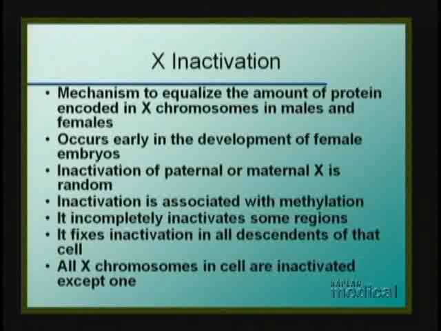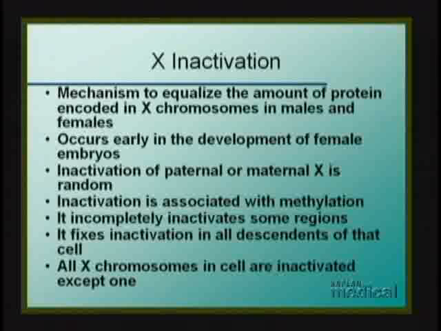The X chromosomes that are condensed to form bar bodies are not 100% completely inactivated. There are still a few genes that remain active, but the vast majority of genes on that X chromosome are turned off. Once that random inactivation occurs in a particular cell, that inactivation is fixed in all the descendants of that cell.